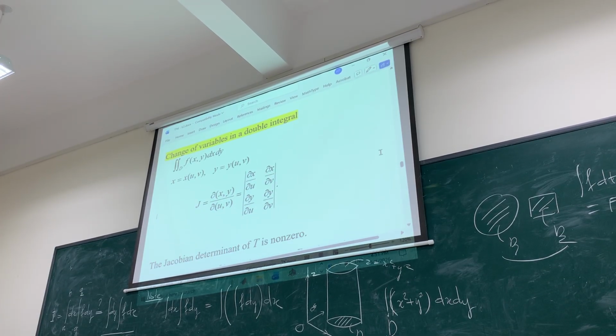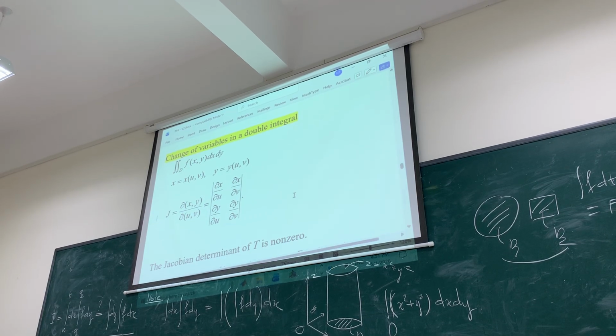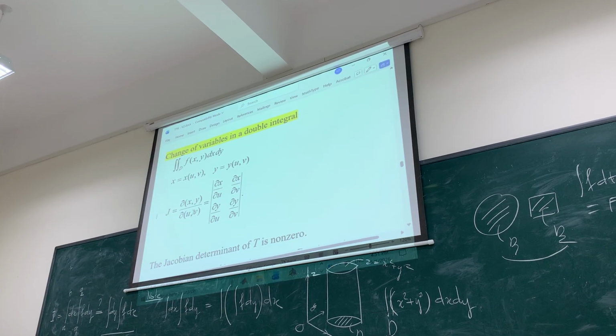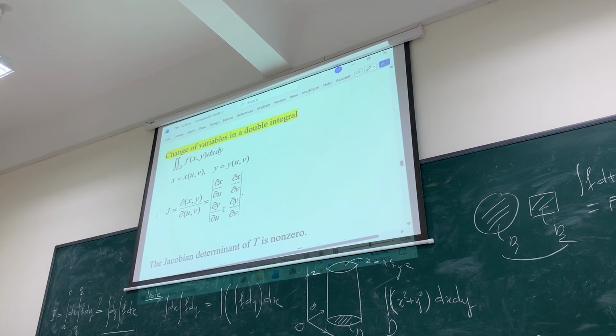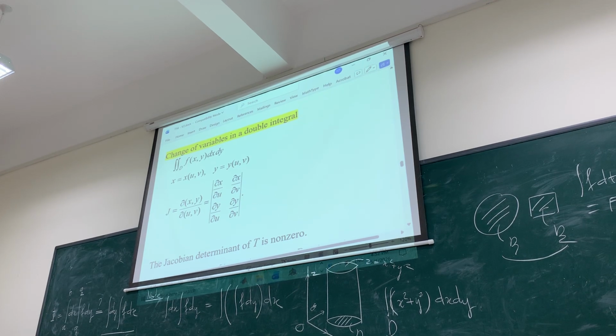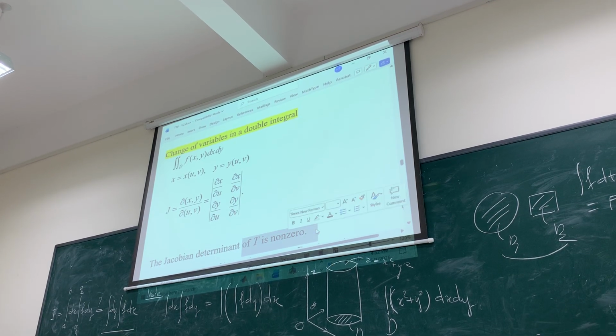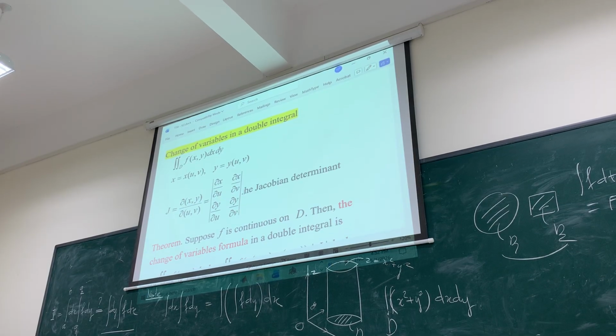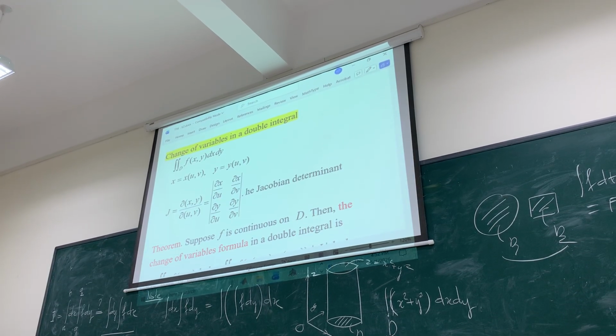Before that, you can denote z. In addition to the Jacobian determinant, you can denote z. Jacobian determinant.